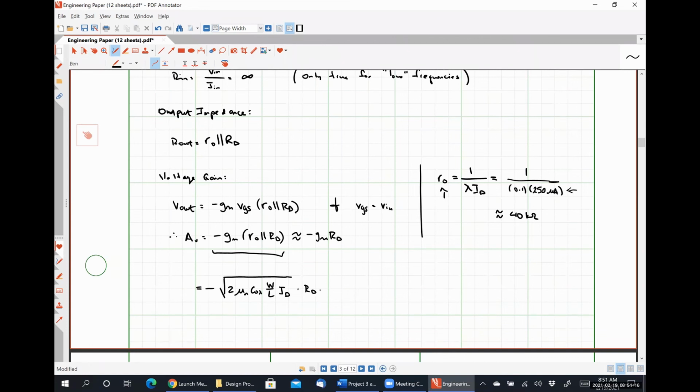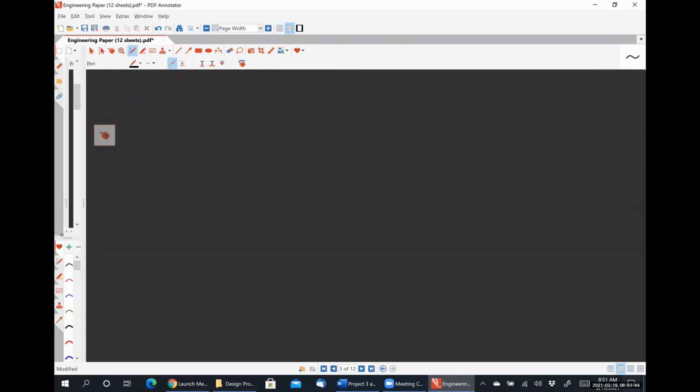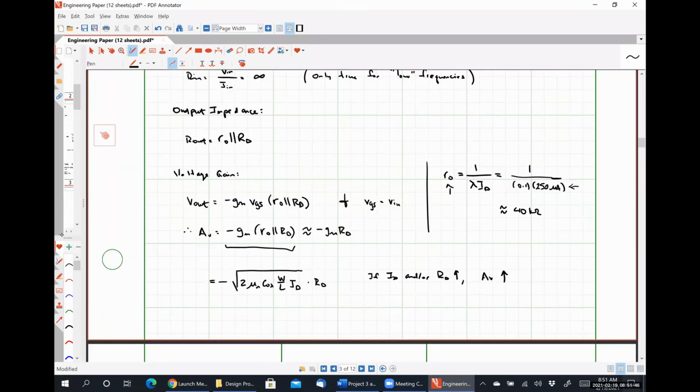So we see that if ID and/or RD goes up, AV also increases. Okay, so increasing our drain current causes our gain to go up. Increasing the value of RD also causes our gain to go up.